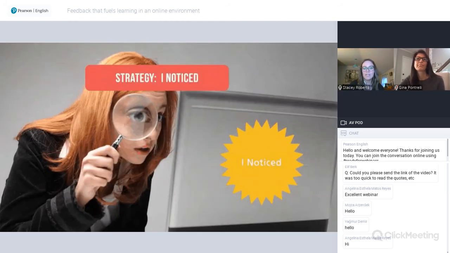Another strategy is "I noticed," and you can add it to your feedback methods. This strategy is especially important because saying "I noticed" acknowledges the student's efforts. Acknowledging a student and the efforts he or she is making goes a long way to positively influence academic performance.